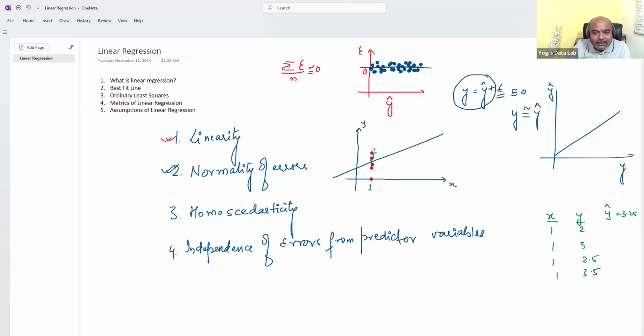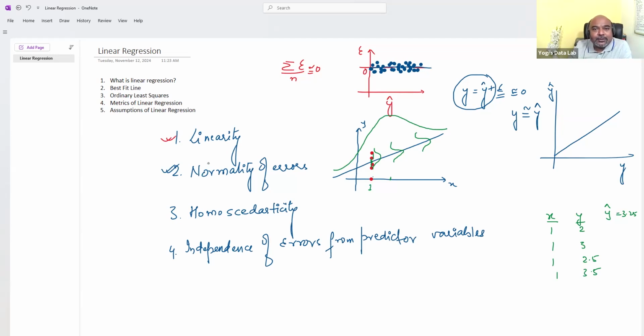So the errors that are coming here will follow a normal distribution. Similarly, for some different value of x, the errors will follow a normal distribution. Similarly, here it will follow a normal distribution. So since throughout my regression line I see that I am having a normal distribution, it means that across all the points in my regression line, it is going to follow a normal distribution. That is normality of errors.